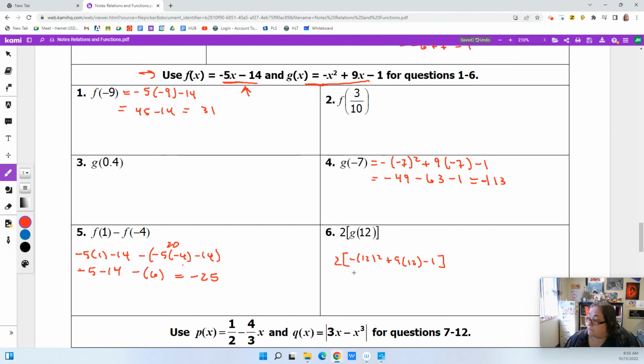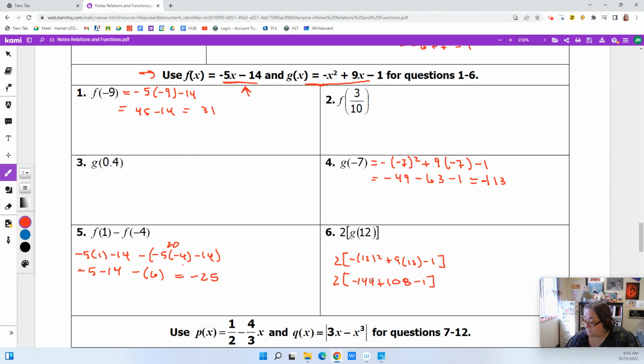So 12 squared is 144, so I've got 2 times negative 144. 9 times 12. What is 9 times 12? Is that 108? I think it's 108. Plus 108 minus 1.